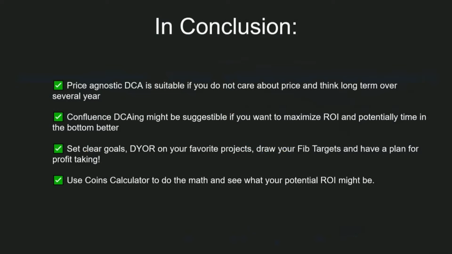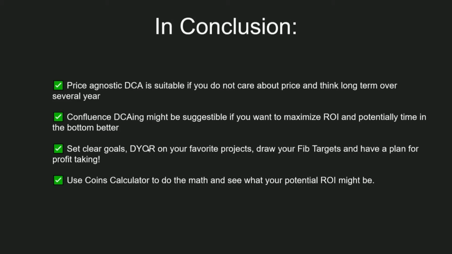So, in conclusion, the key takeaways from this video are the following. Price agnostic DCA is suitable if you do not care about the price and think long term, over several years. And confluence DCAing might be suitable for you if you want to maximize your ROI and potentially time the bottom better than if you were, say, price agnostic.